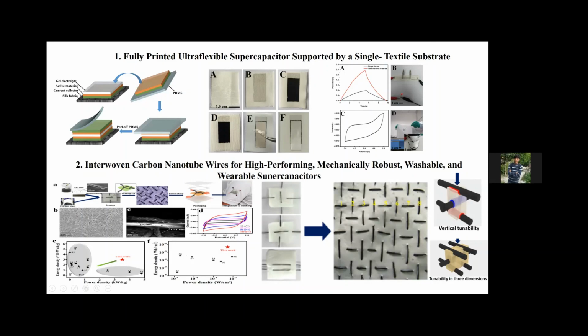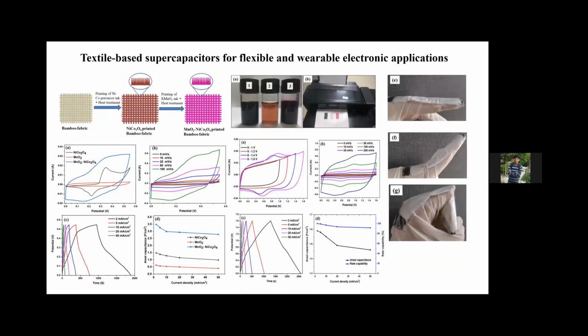Another is the textile based supercapacitor for wearables. They use a fabric, and in the experiment they deposit manganese oxide and nickel cobalt oxide on the fabric substrate. How do they do it?